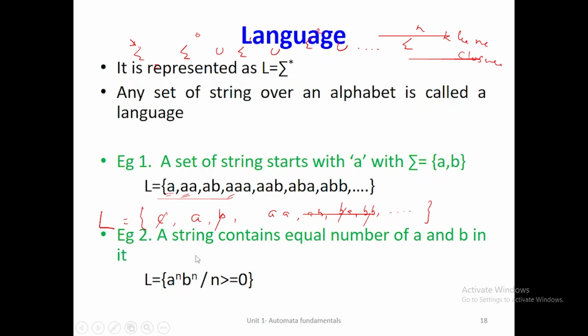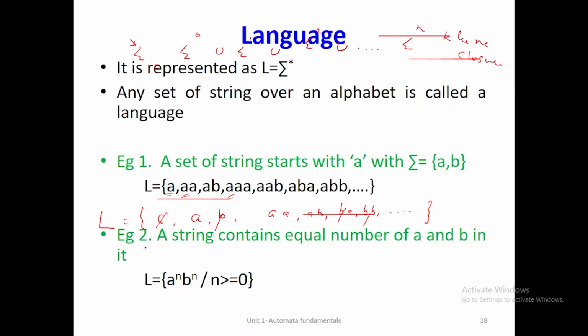Second example for language construction. Here they are not giving an alphabet set, but they give the conditions with the symbols AB. So we assume that the alphabet is sigma equal to AB. What is the condition? A string contains an equal number of A and B. How can we frame it?